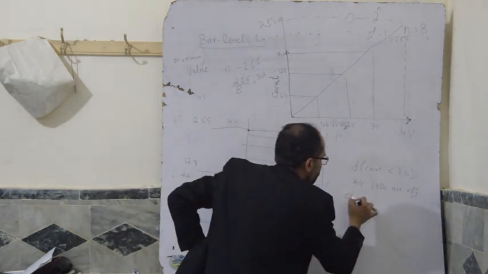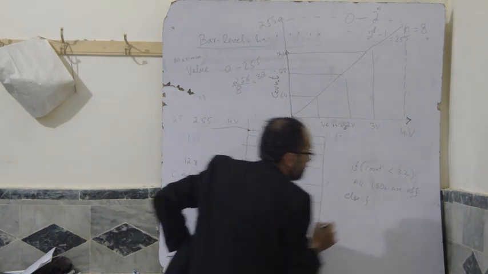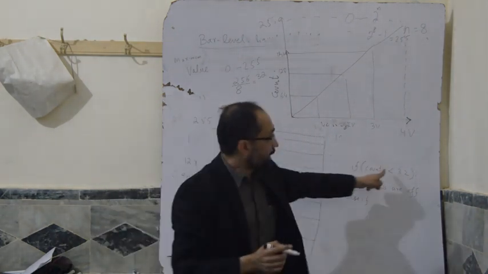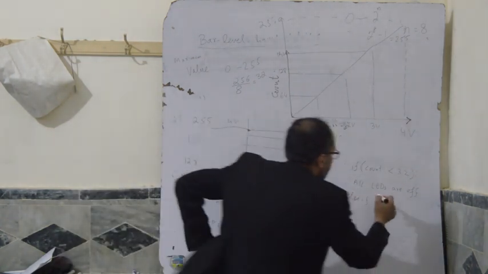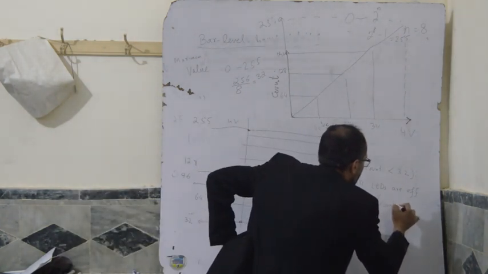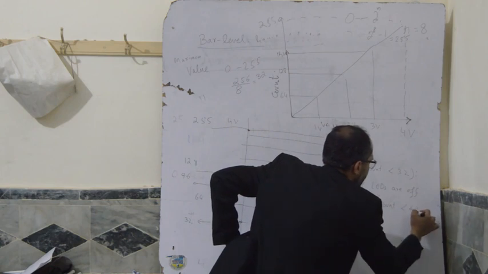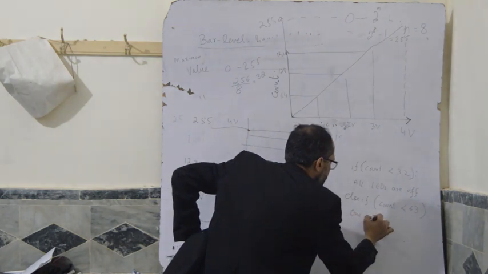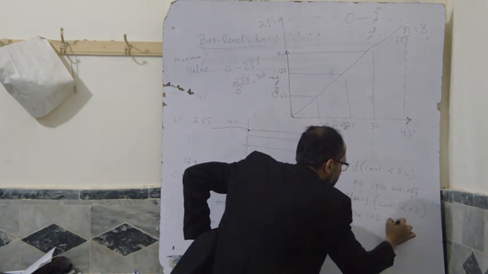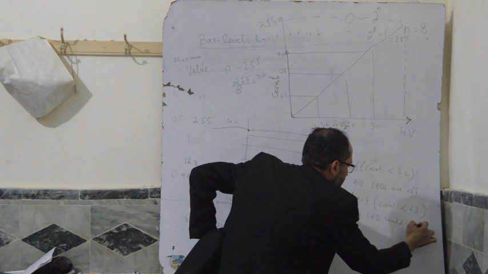Else, it means now the count is greater than 32, so we have to make a second check: if count is smaller than 63, one LED should be on.